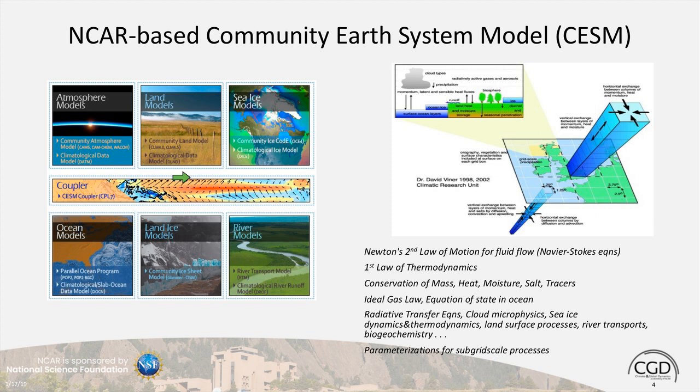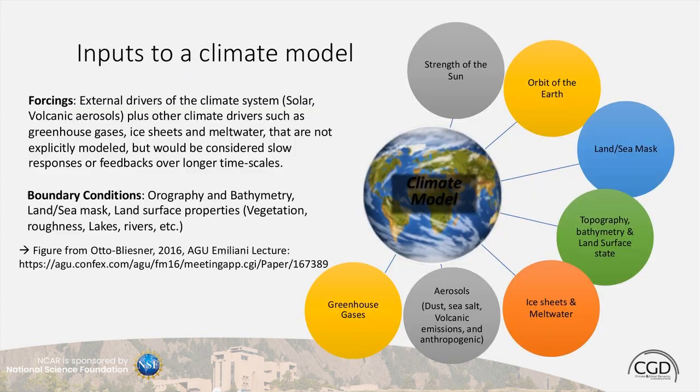So the models themselves are formulated to represent all the dynamics, thermodynamics, biogeochemistry, vegetation responses, et cetera, that we can resolve on the model grids, and then parameterizations for the subgrid scale processes that are unresolved.